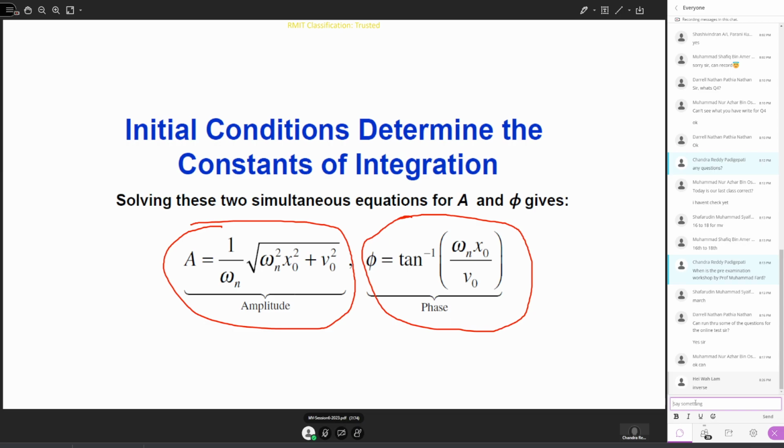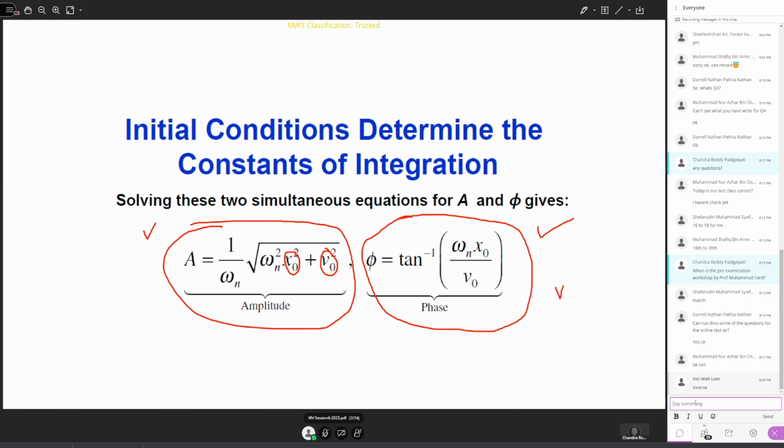Okay, so you may note down these equations also. Here x naught is the initial displacement, p naught is the initial velocity. So these are the initial conditions, only these two things.